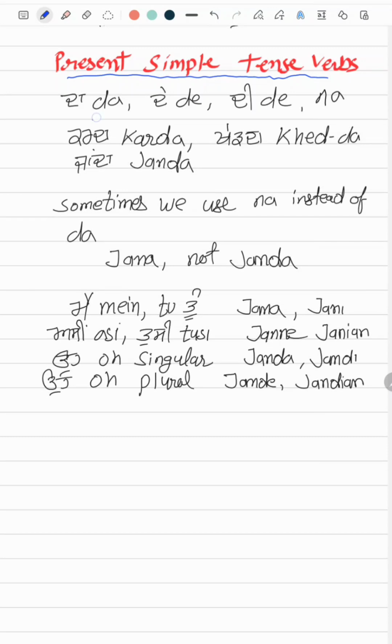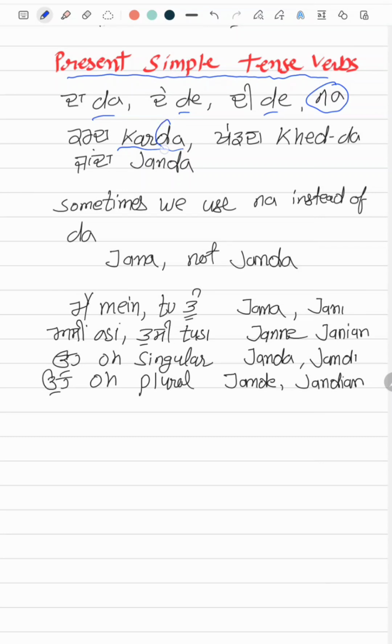So how we identify this sentence. This is how we use it, but sometimes in that tense we also use the noun sound. Let's take an example. This word karda: "Oh, bahut kam karda," it means he does a lot of work. So karda means the verb do. In this situation, how would you notice present simple tense?